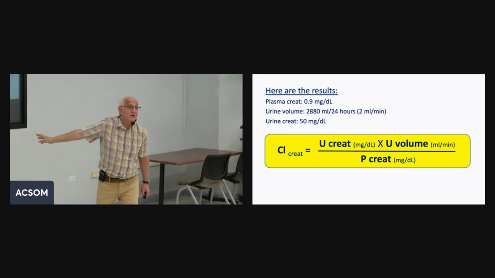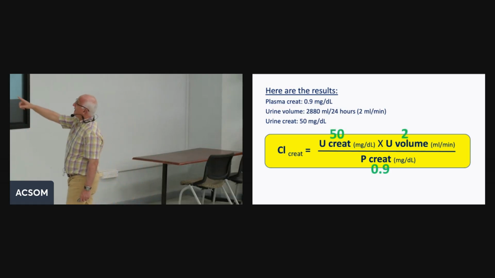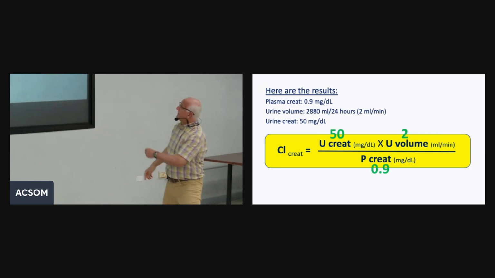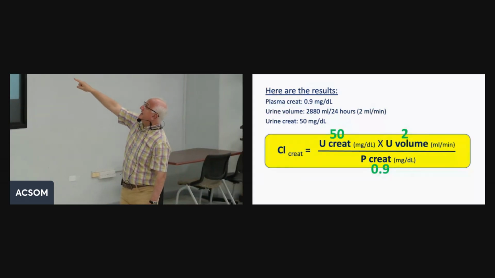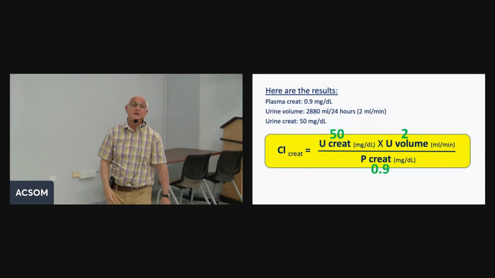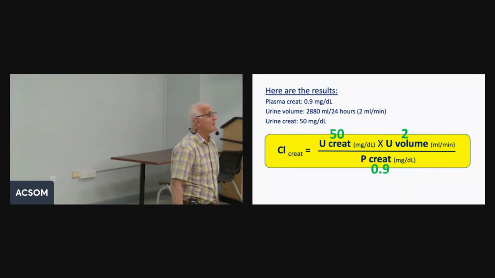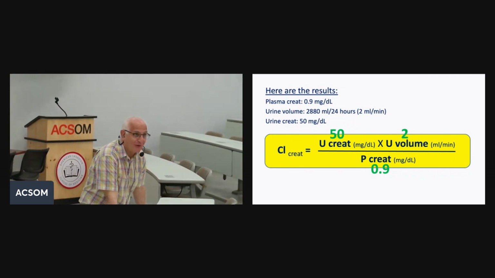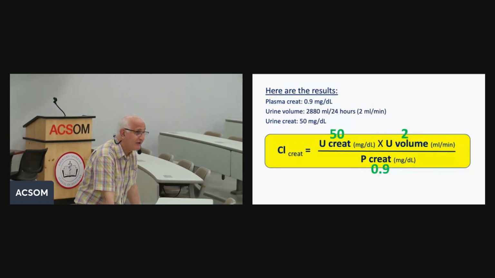Should we put it in the equation here? Let's do it. 50 times 2. Why did I put 2? Because I said it is 2880 milliliters in 24 hours, and every 24 hours has how many minutes? 1440. Very, very good. 24 times 60, right?